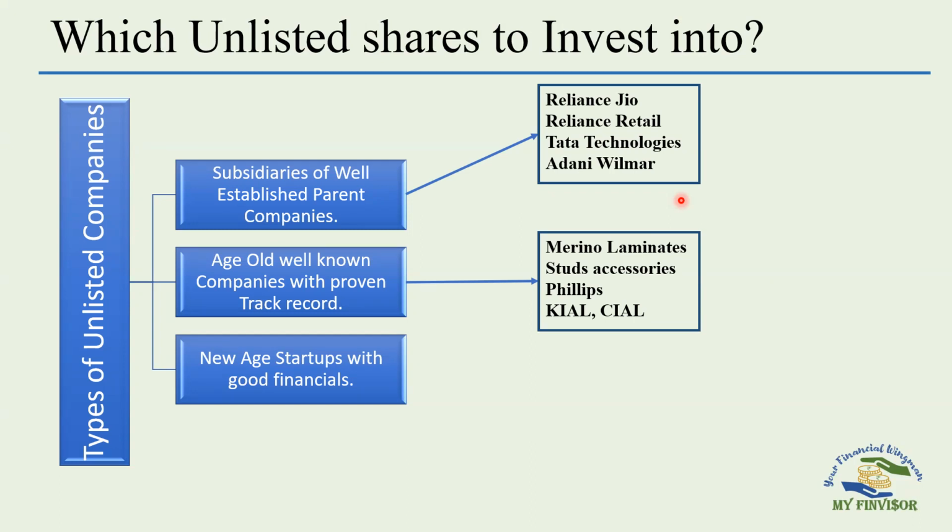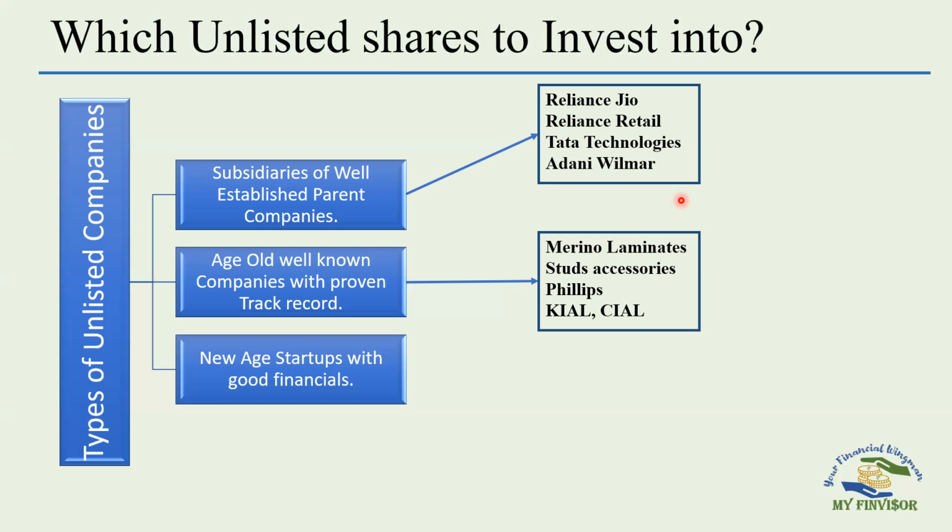You go on a motorcycle on the street, the first thing you do is put on a helmet. More and more, not just urban but rural cities are also coming up with helmets, and the awareness is growing. So these are age old companies. These are not listed only because they haven't gone into the final stage of raising funds. They are good companies who have good financials, enough capital to expand further, right?